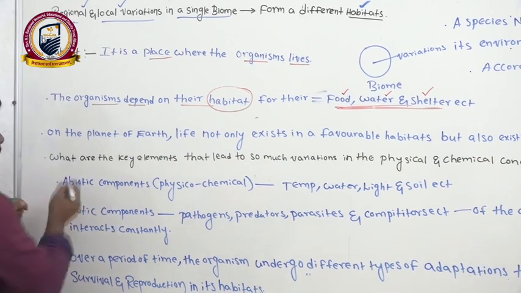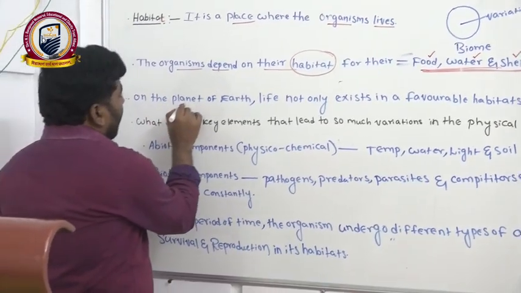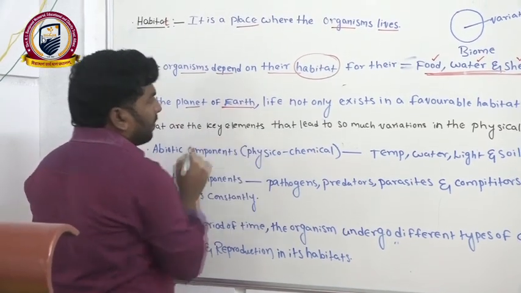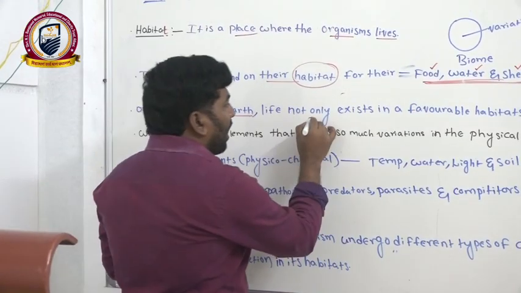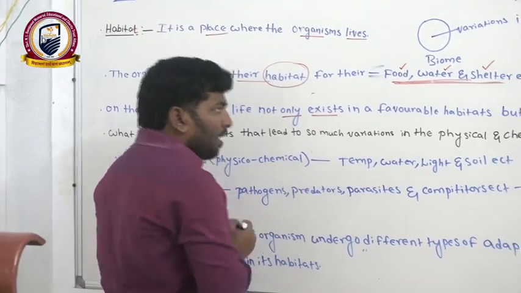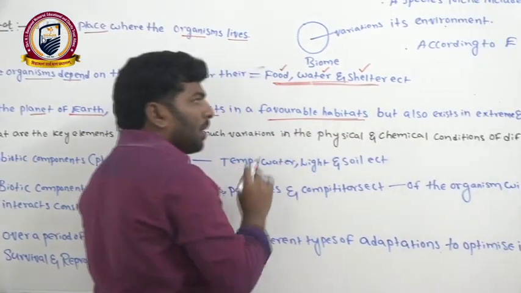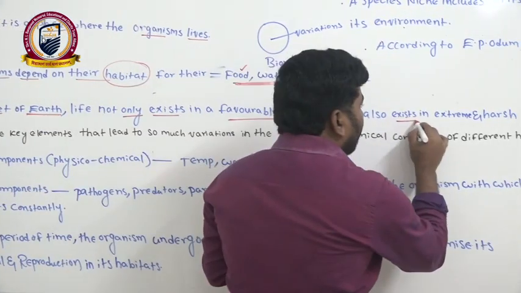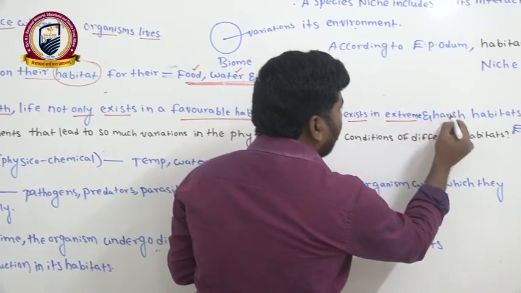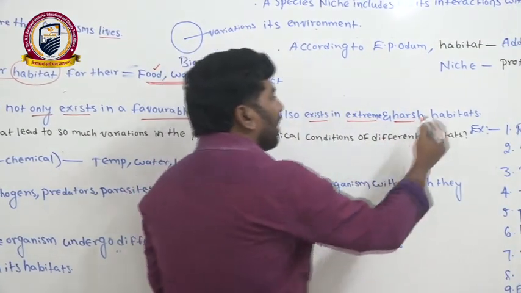Clear? Now, on planet Earth, life exists not only in favorable habitats, but also in extreme and harsh habitats.